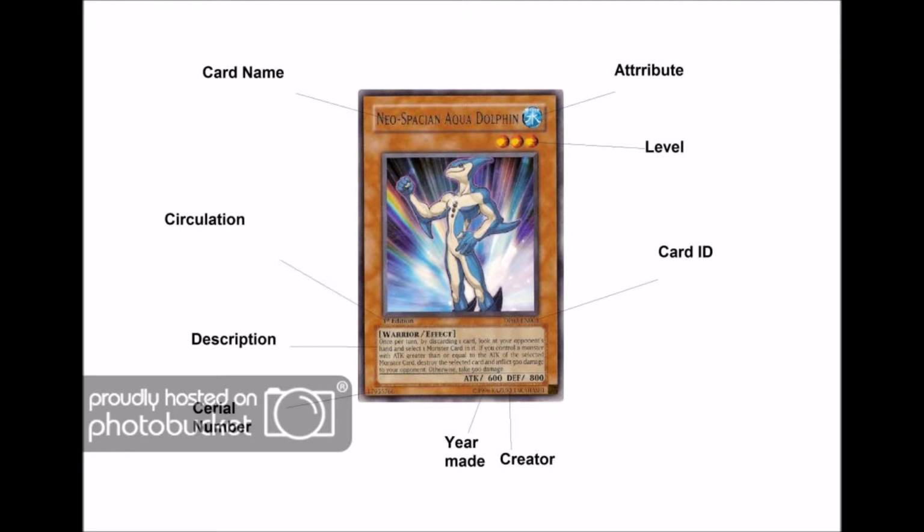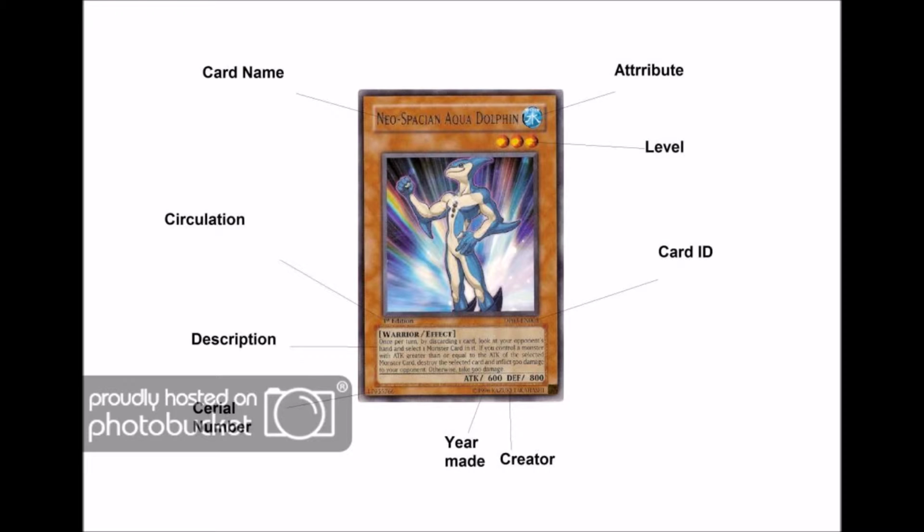The text box on the bottom tells you what kind of creature or monster it is. Like it says right here, warrior effect, so it's an effect monster. And then there's a text box. The text box for every type of card except for normal monsters will tell you what the card does. For normal monsters, there's just going to be flavor text in there.